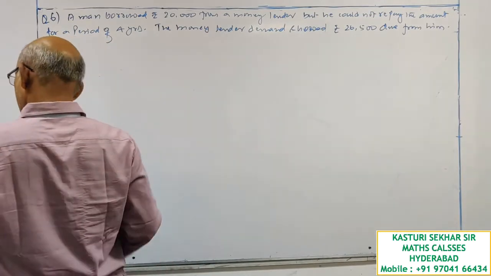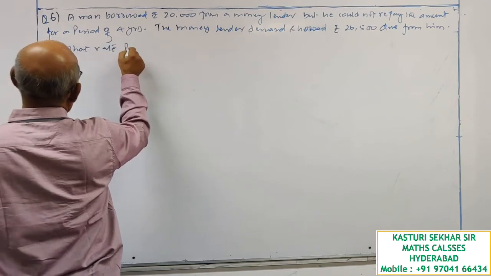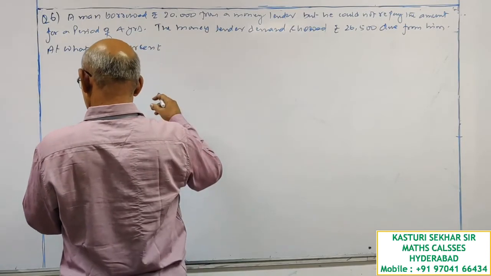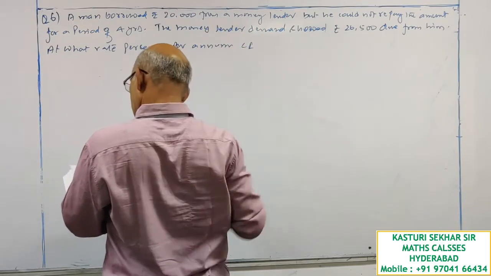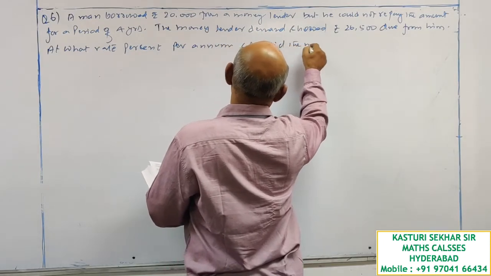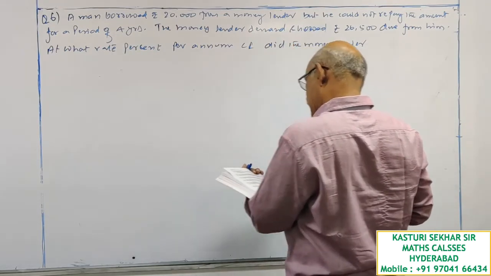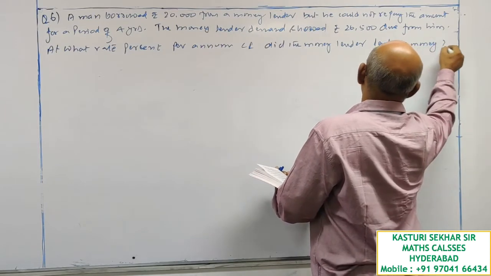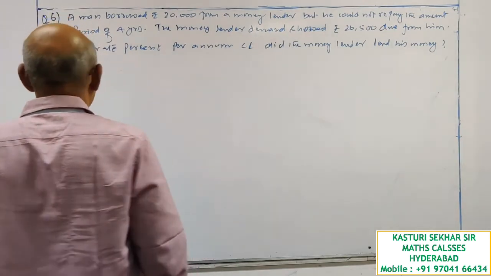At what rate percent per annum CI did the money lender lend his money?